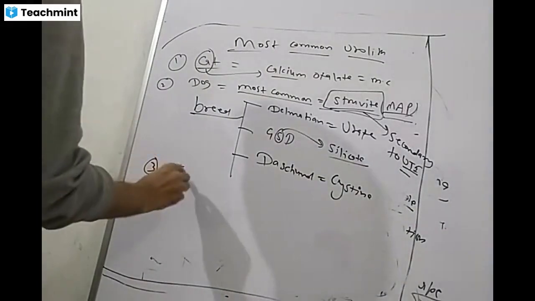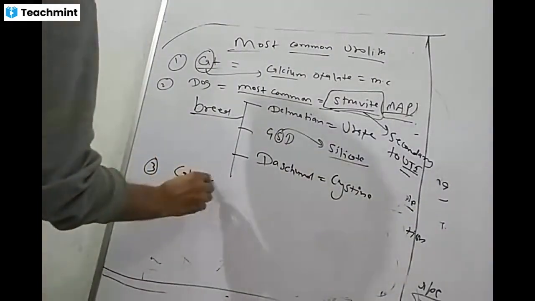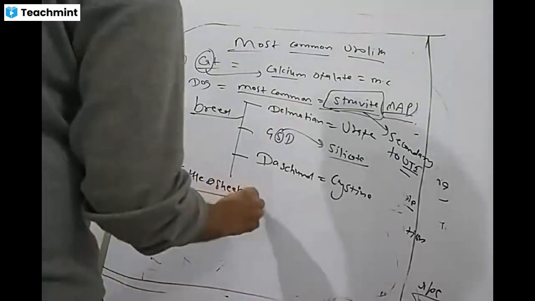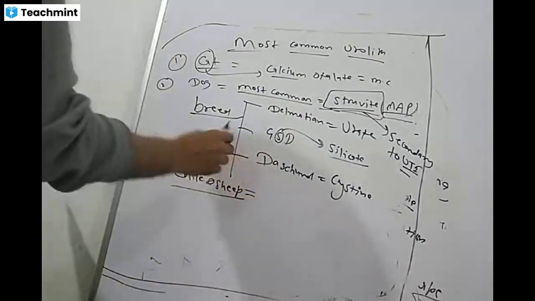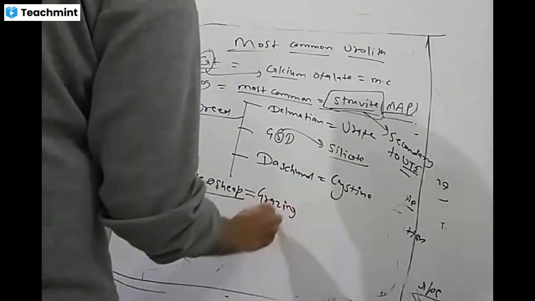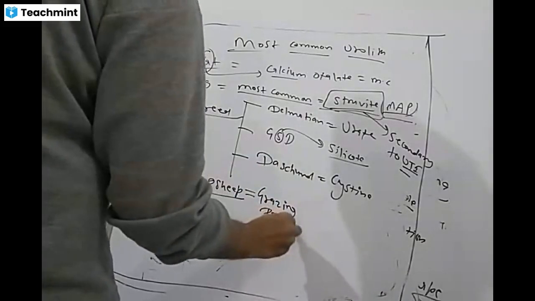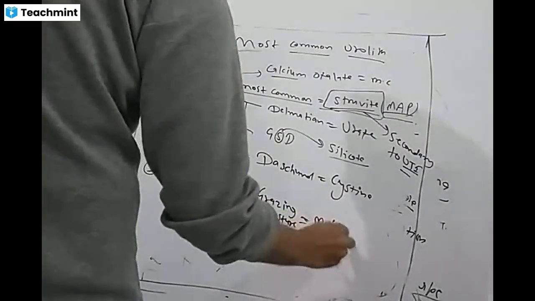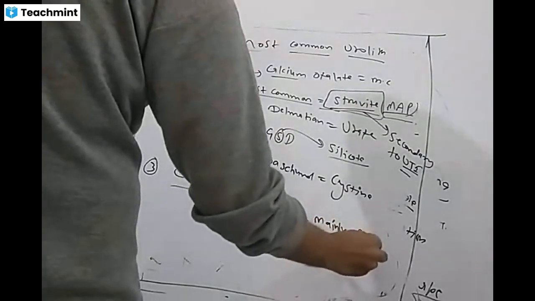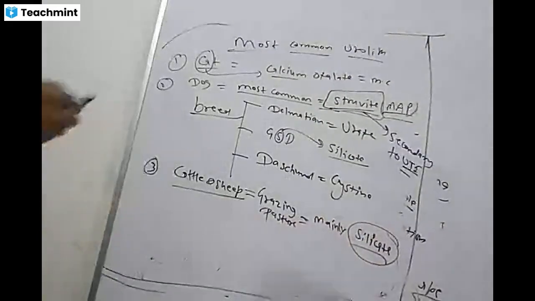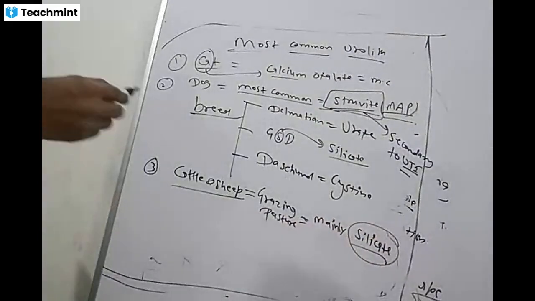After this, we'll see cattle and sheep. If these are on grazing pasture, then mainly silicate, because plants are rich in silicate. So silicate crystals will be there.